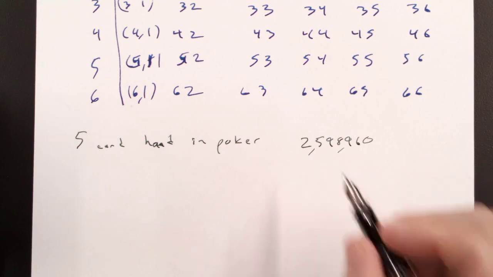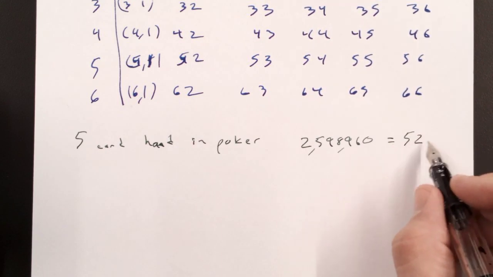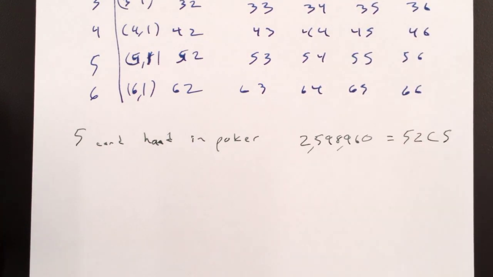And where did that number come from? Because there are 52 cards for me to pick from. I get 5 of them, and the order in which I get them doesn't matter.